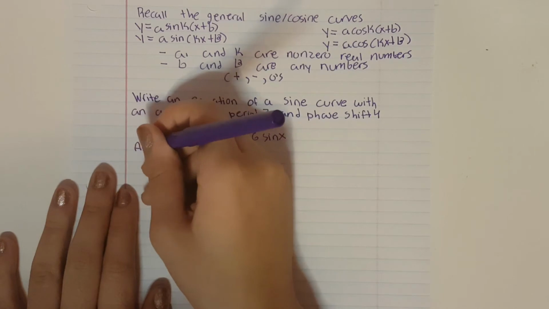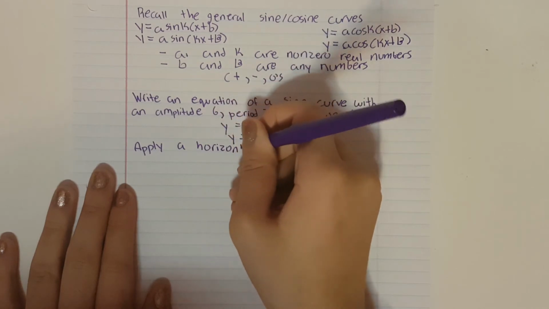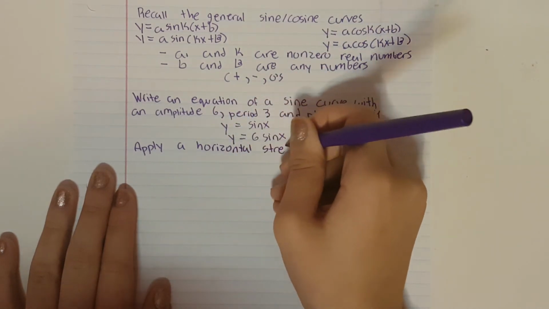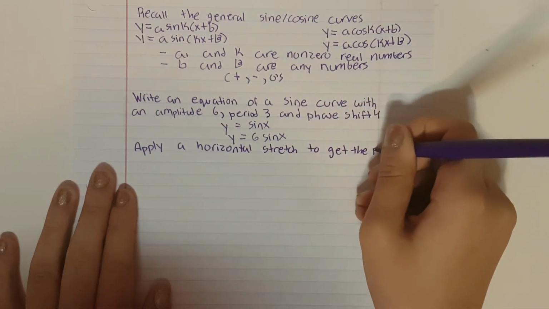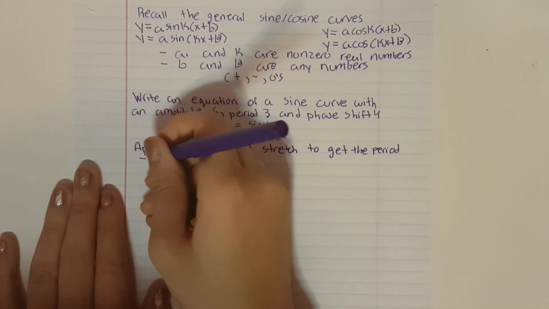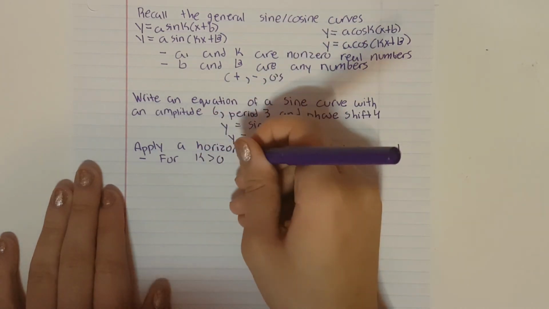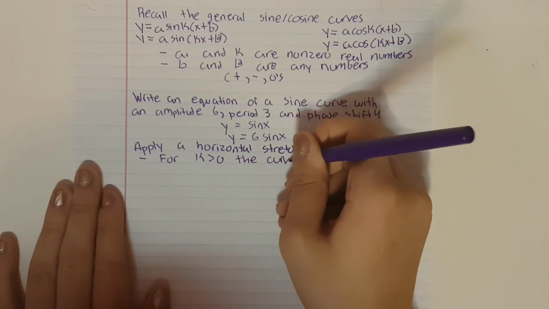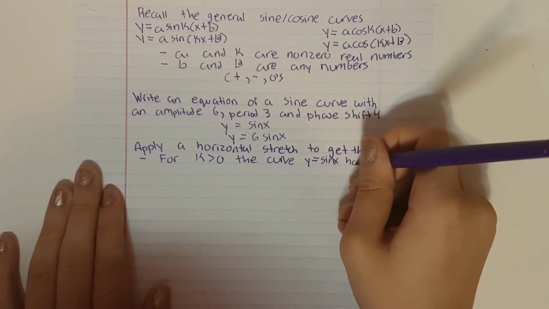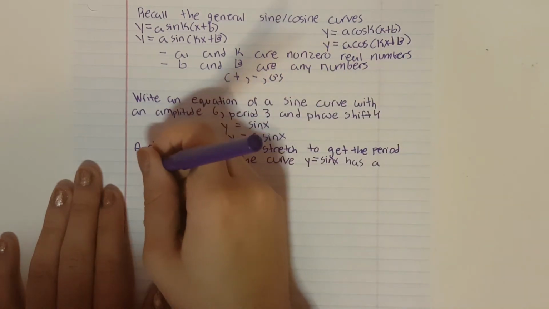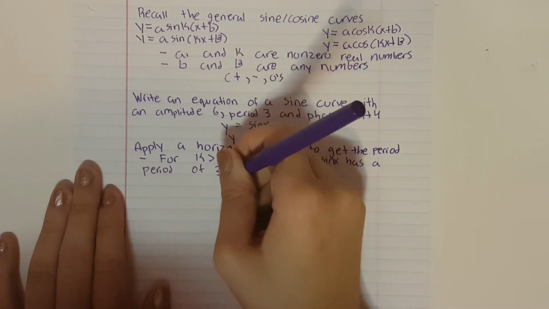And right now I'm going to apply a horizontal stretch. So get the period. For k greater than 0, the curve y equals sine x has a period of 2 pi over k.